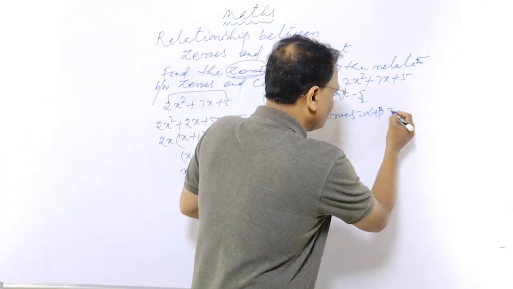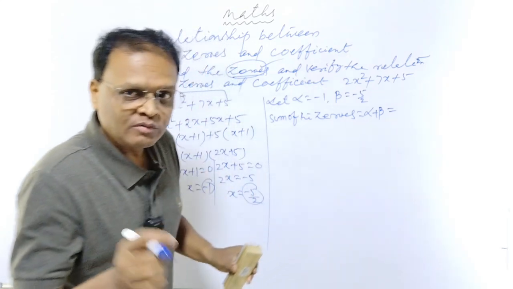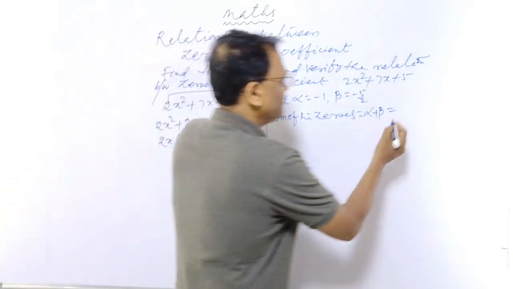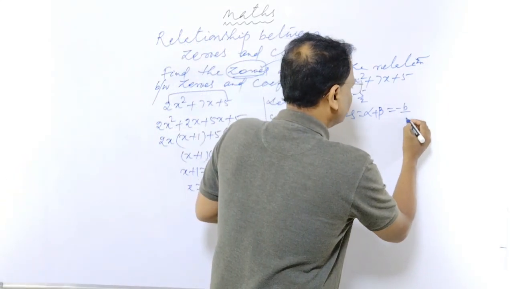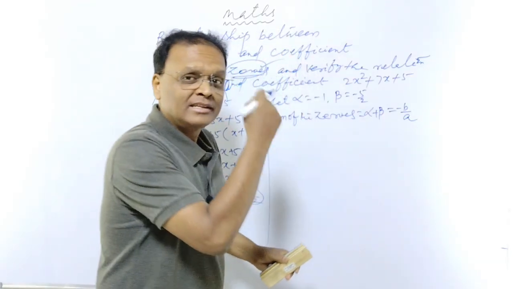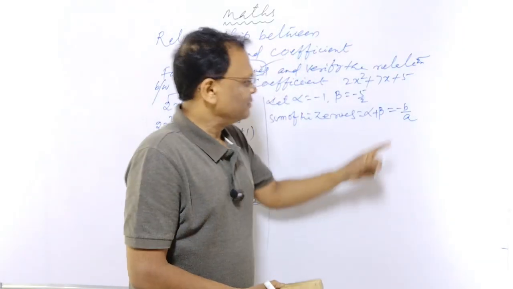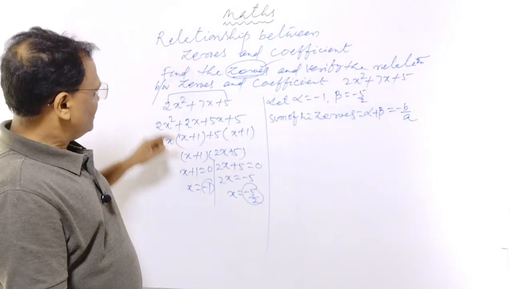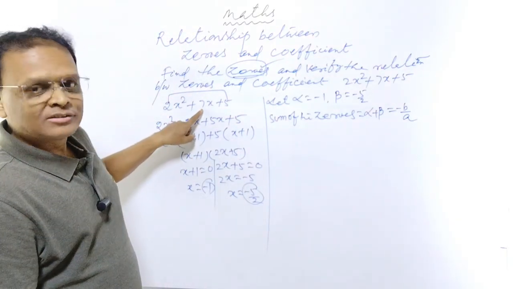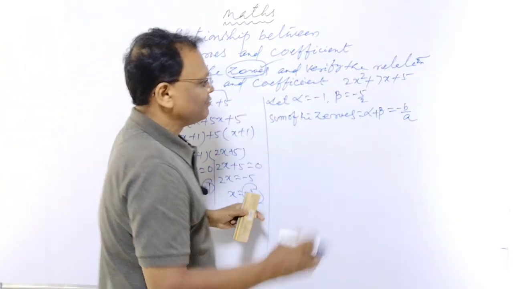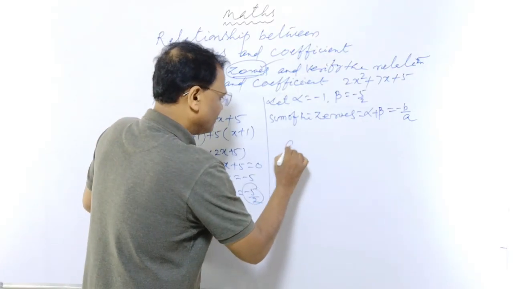But this sum of the zeros will always be equal to minus b by a. What exactly are this b and a? b is the coefficient of x. Let me write here the general form of the quadratic polynomial so that you will get clear.